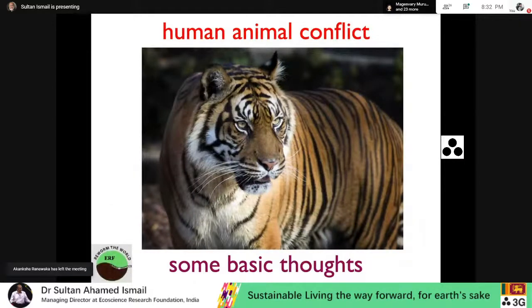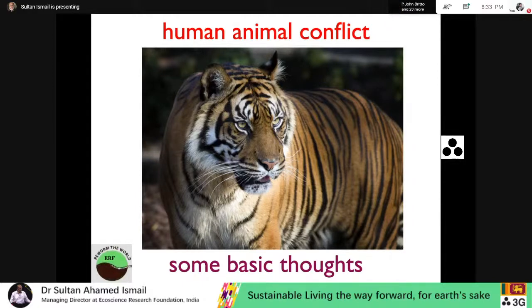Why all these thoughts are coming to me is because, as an ecologist, people say that we have to protect the tiger. Very good. But understand the concept here. If I have to protect the tiger, for example, in a jungle, it requires one deer, man, and it eats the deer, and its stomach is full. I expect that it will not attack another animal till its stomach is full.